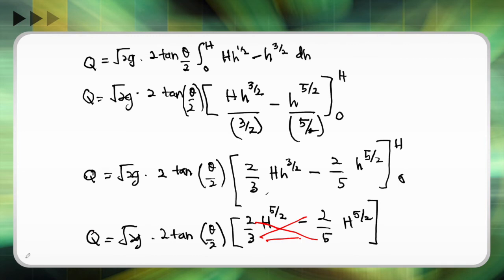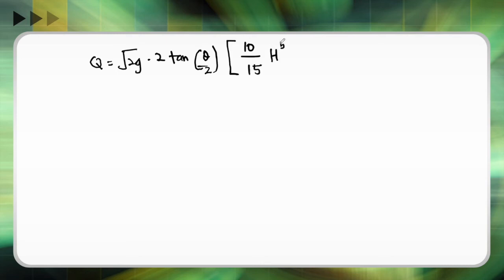After I multiply, we will get 10 over 15 H to the 5 over 2, minus 6 over 15 H to the 5 over 2.